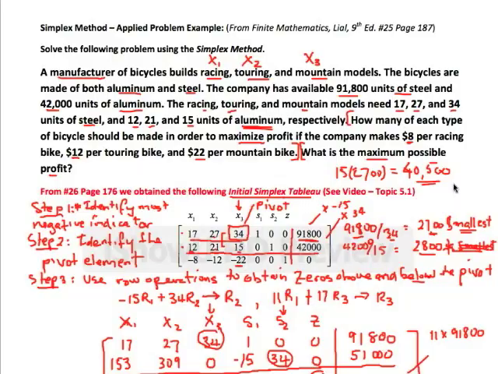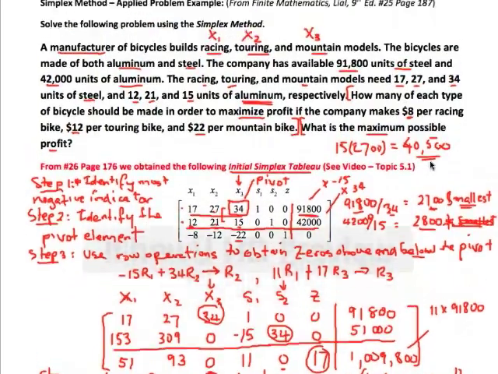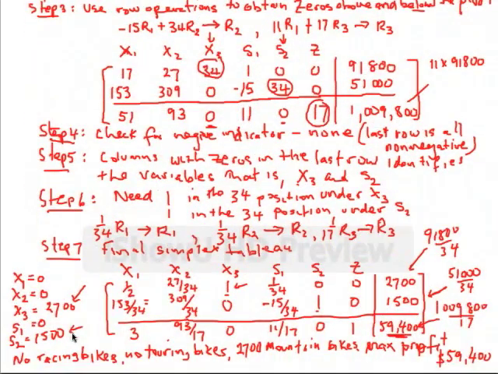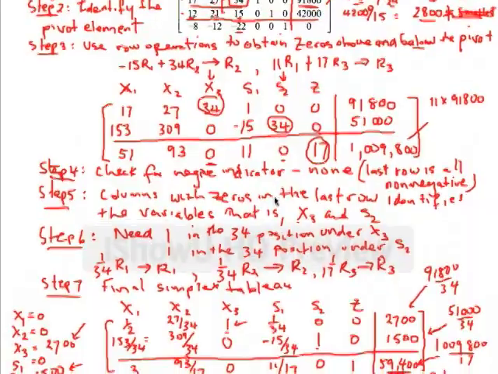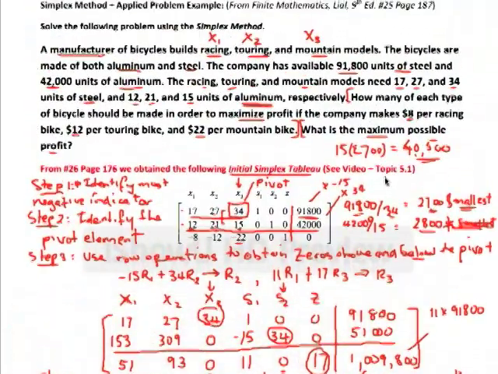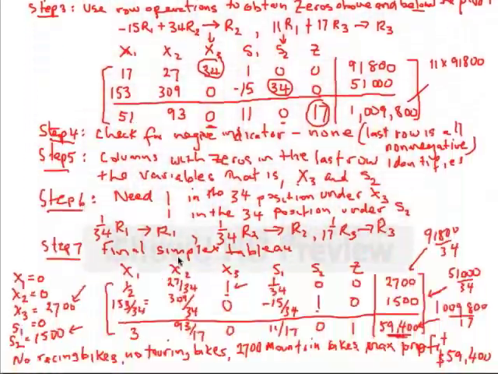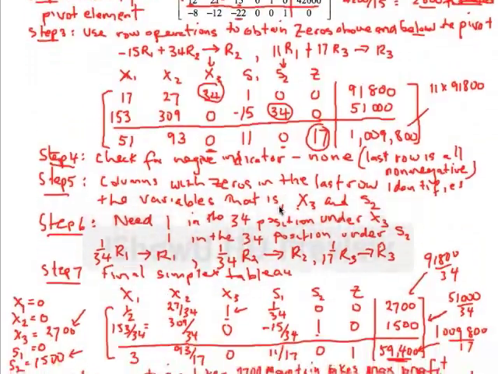Notice that it's short of the 42,000 by 1,500. Notice the 1,500 right here was our slack variable, and that's the amount of unused aluminum that we have in making these 2,700 mountain bikes. Alright, so that's how we do the applied problem. So make sure that you view this video here first to understand how we got the initial Simplex tableau, and then you work your way through it as a normal Simplex method procedure.